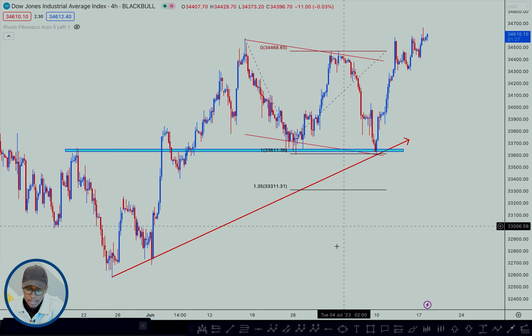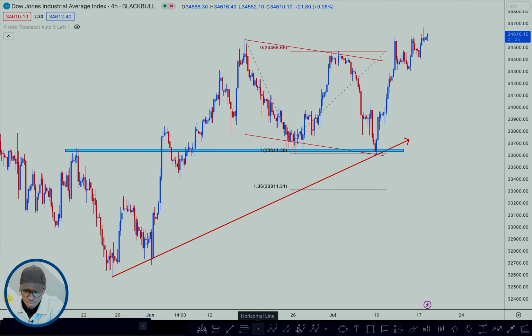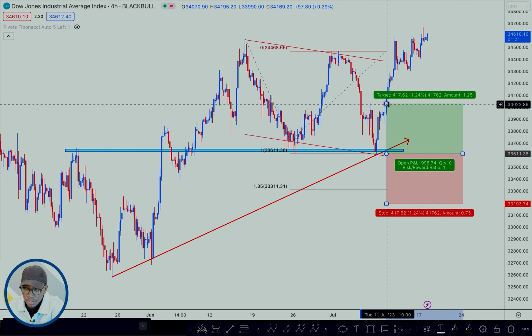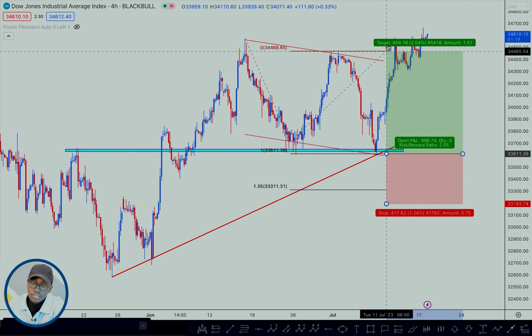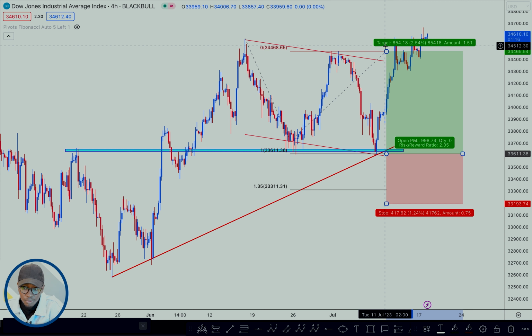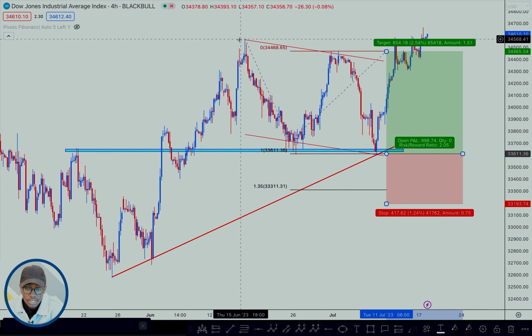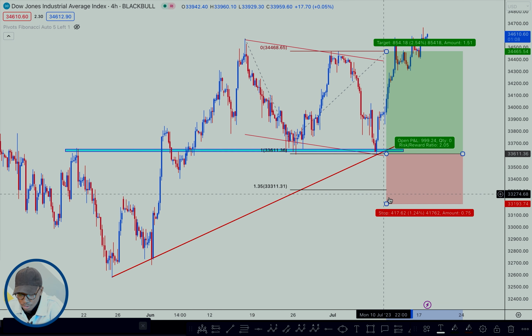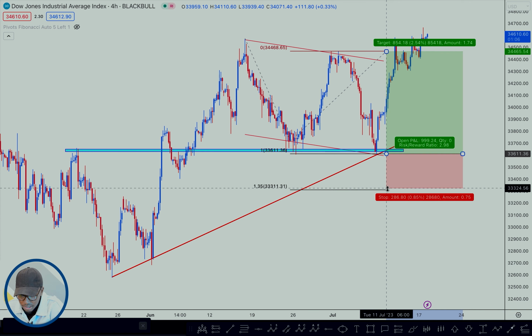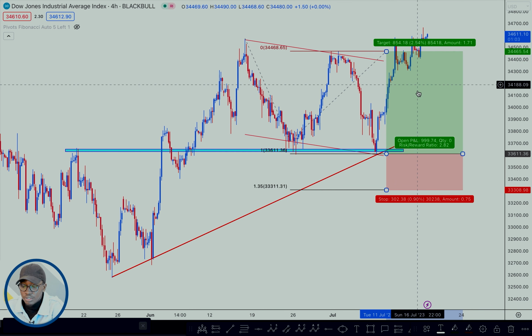So coming to this point, if I entered this trade here, normally our first take profit is usually at this point, and then the second one is usually at the previous high. So this trade, my risk reward was 1:2.8.